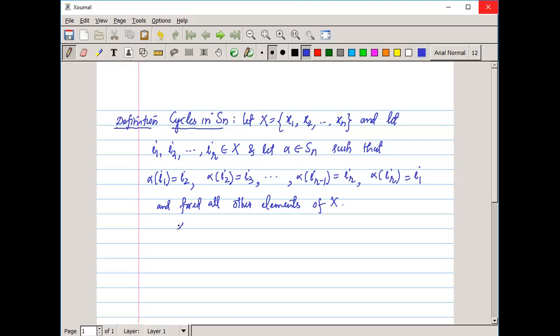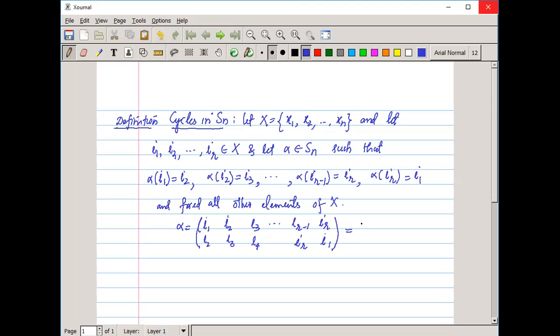We can write alpha in a two-row notation: i1 goes to i2, i2 goes to i3, i3 has the image i4, and so on. i(r-1) has the image ir, and ir has the image i1.